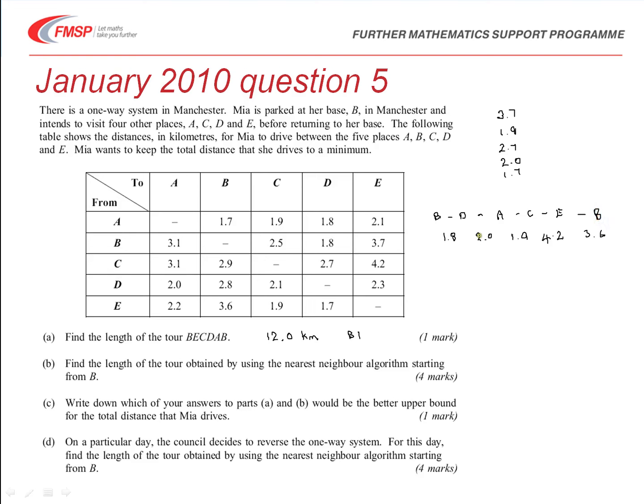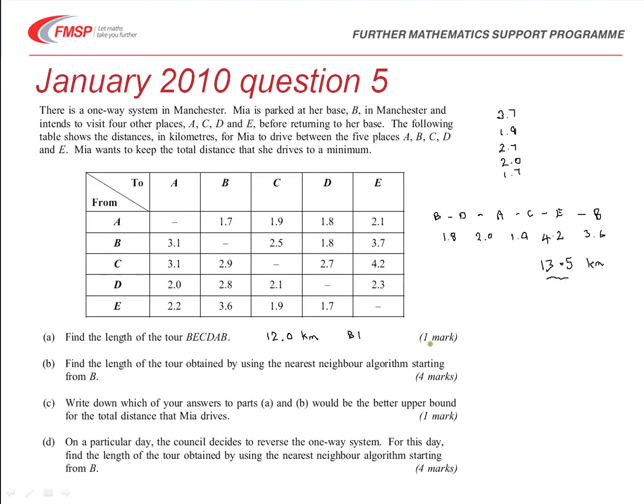So we've got 0.8 and 0.9 is 1.7, then 1.9, 2.5, carry 2, and so on, giving a total of 13 kilometres.